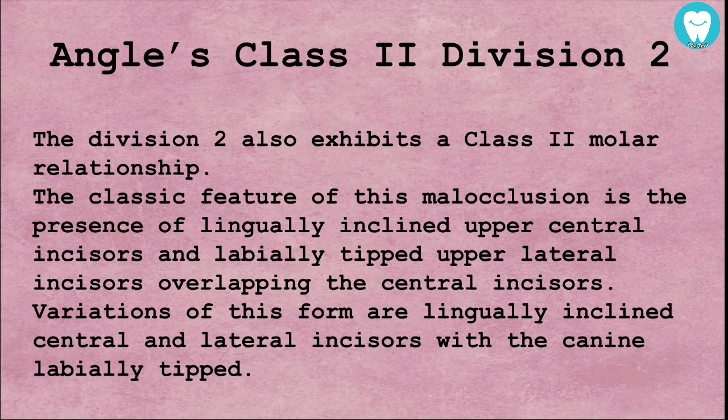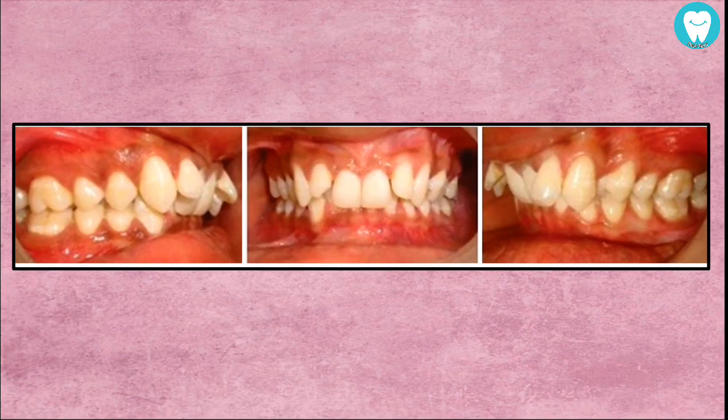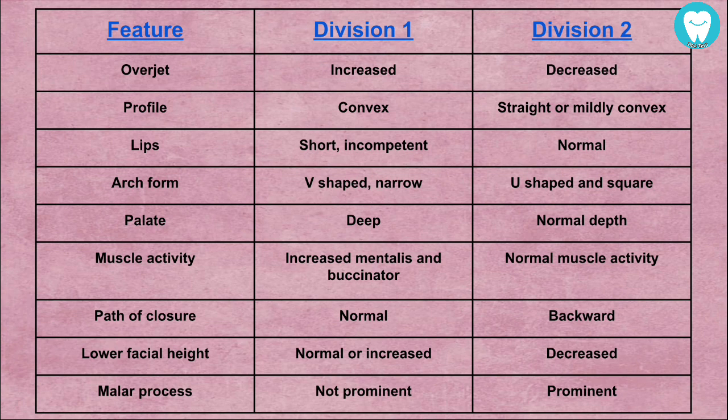So it could also be that both centrals and laterals are lingually inclined and the canines are labially tipped. Here you can see a feature in which only the central incisors are lingually tipped and the laterals are labially inclined.